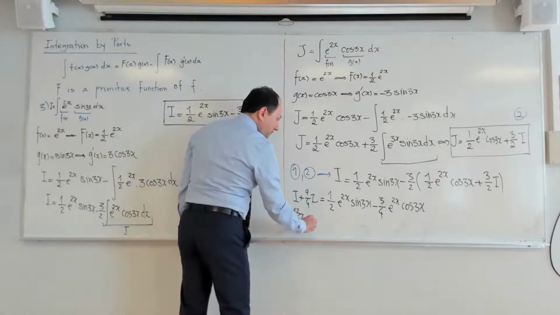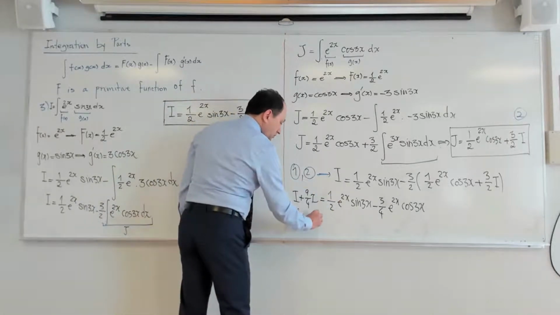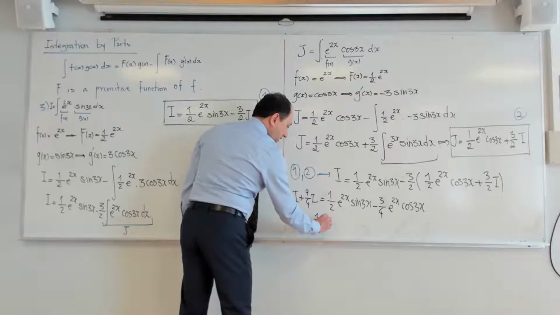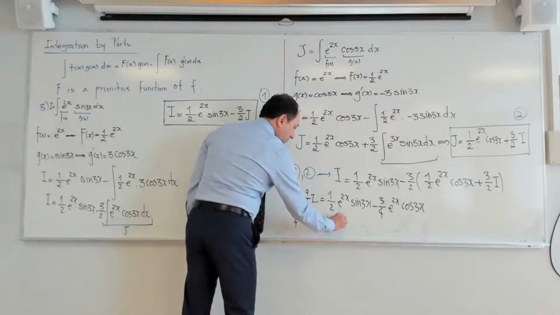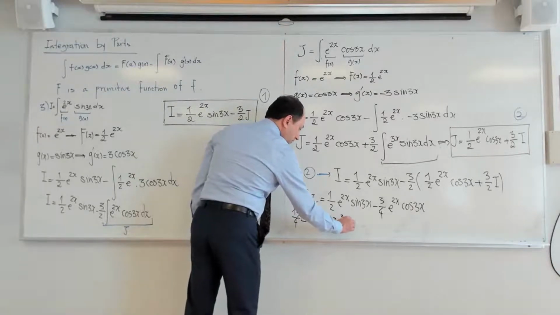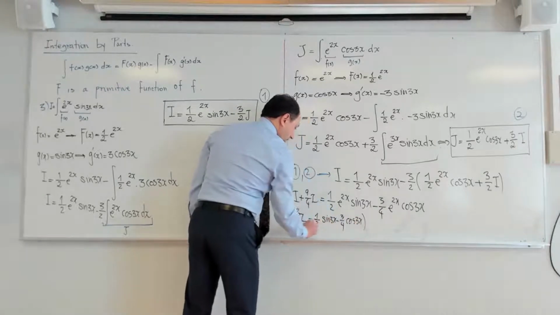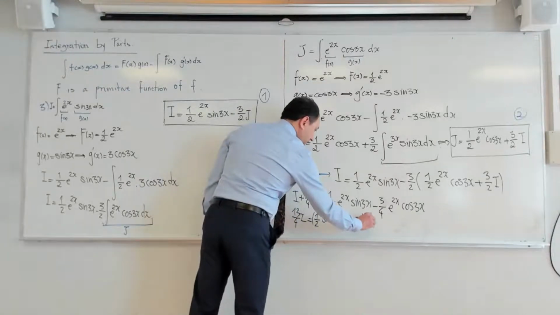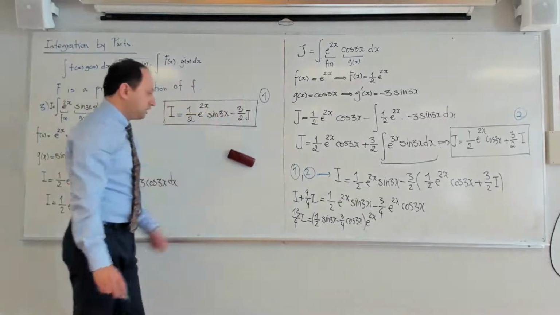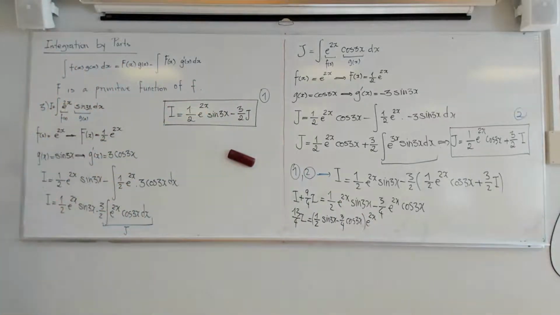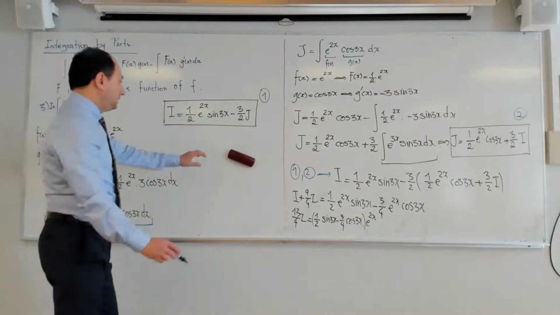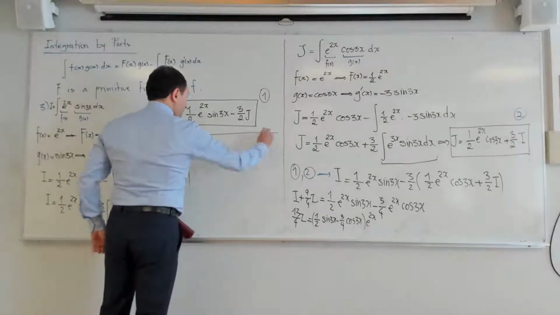If you want to, I can factor e to the power 2x out, so it becomes 1 over 2, 3 sine 3x, minus 3 over 4 cosine 3x, and then I can factor this out, e to the power of 2x. But now I am looking for I, so I multiply everything by 4 over 13, and then let me write it here. So what happens?